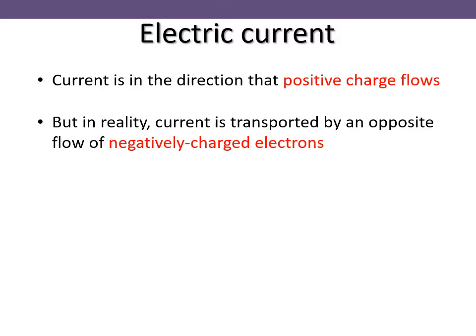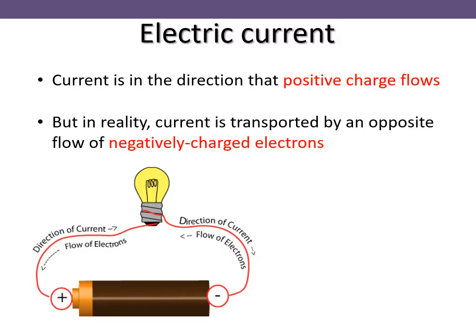So we have two types of current. The first is called conventional current, and the second is called electron flow current. In all situations, unless you're told otherwise, we always describe current in terms of conventional current, which is the flow of positive charge out of the positive and into the negative of our battery.